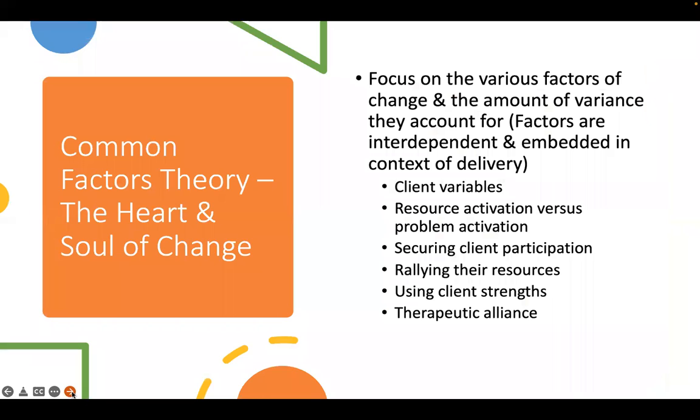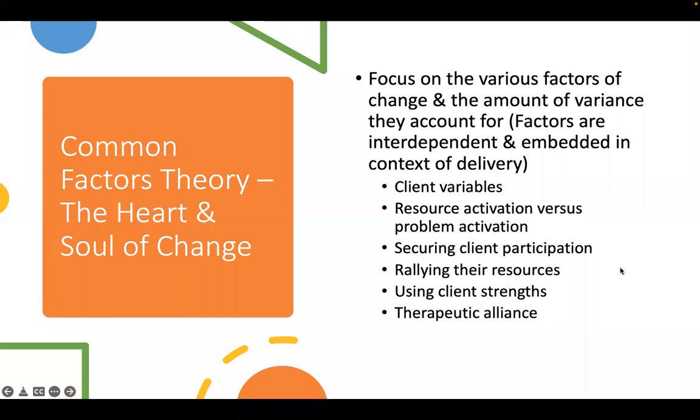So looking at the chapter, again, the common factors theory is ultimately that we cannot eliminate therapist variables. We cannot eliminate client variables. And there are things that cut across theories that are believed to play a really big role in positive outcomes with clients.